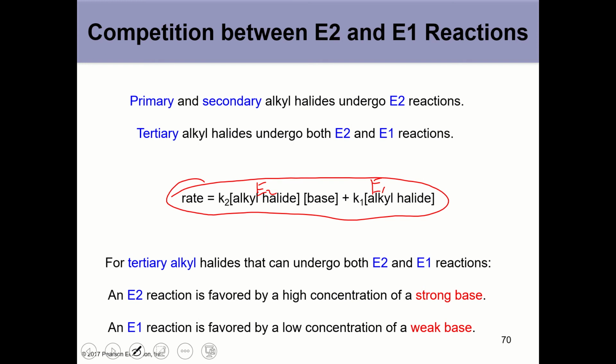For tertiary alkyl halides that can undergo both E2 and E1 reactions, we know that the E2 reaction is favored by a high concentration of a strong base. So when they say strong base, they're usually indicating formal charge.